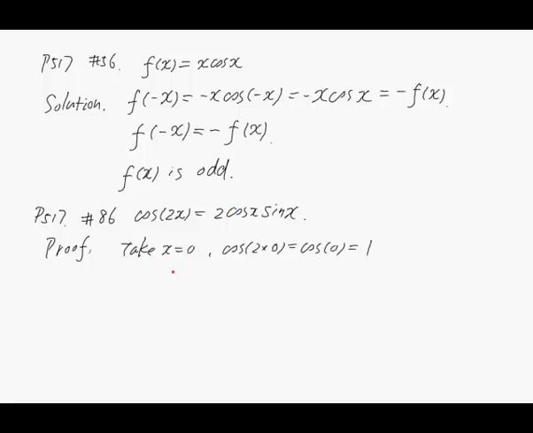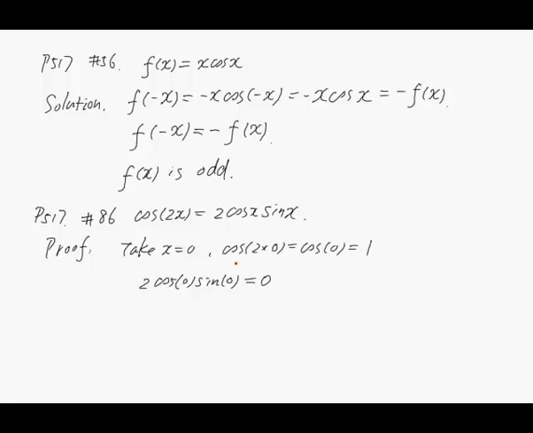And the right side, you have 2 times cosine of 0 times sine of 0. And we know sine of 0 is equal to 0. So 0 times anything is equal to 0. So this guy is equal to 0.